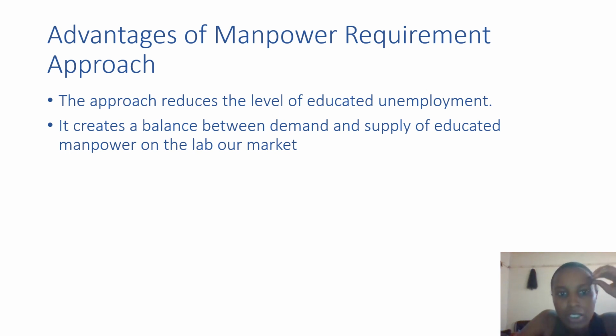One of its advantages is that the approach reduces the level of educated unemployment, which is a good thing as it will reduce the number of people who are jobless.